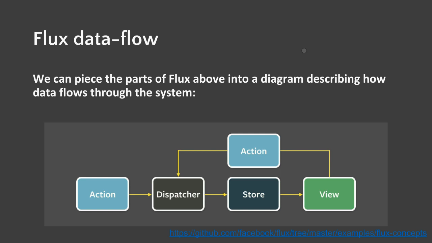So the user completes a form on your mobile application or whatever you want, and then clicks on the save button. The view intercepts these events and sends the action to the dispatcher.